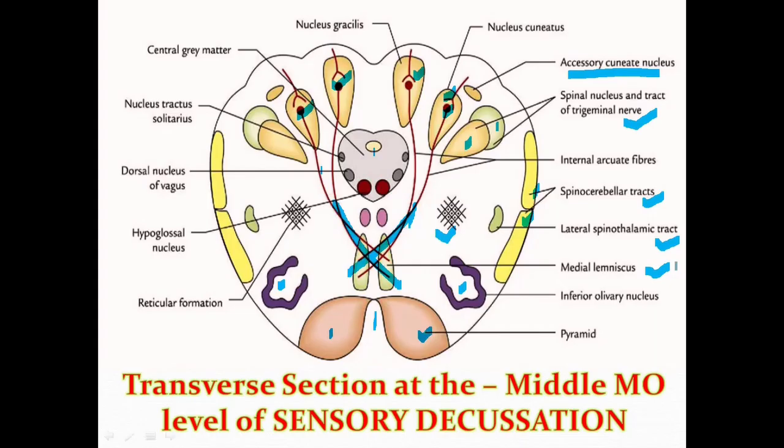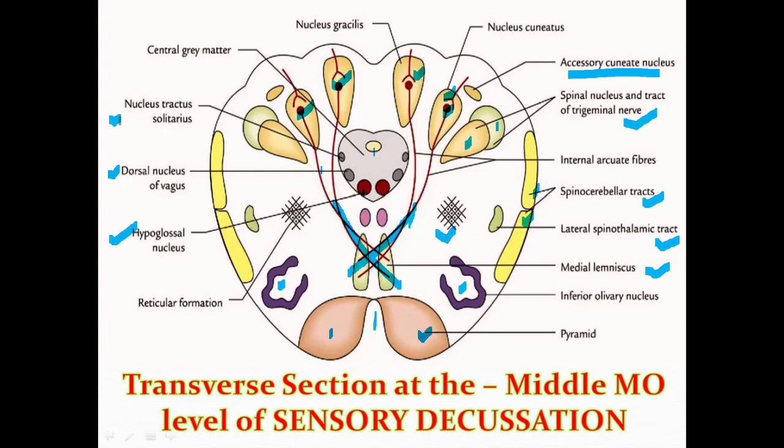That we studied in the external features. Same with those nuclei, very clearly you can see the hypoglossal nucleus, behind the point of emergence you see on the external features, and you are able to identify even the dorsal nucleus of vagus, aided by nucleus tractus solitarius.